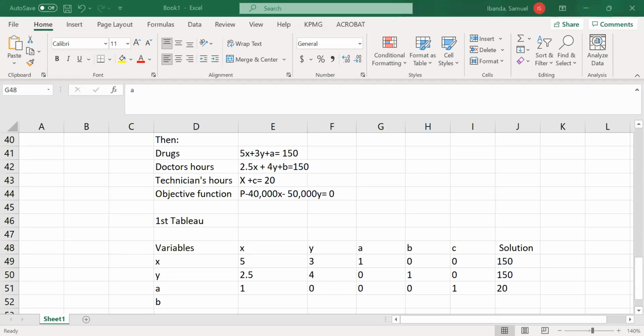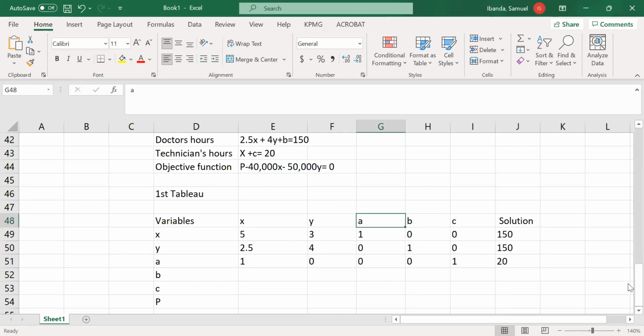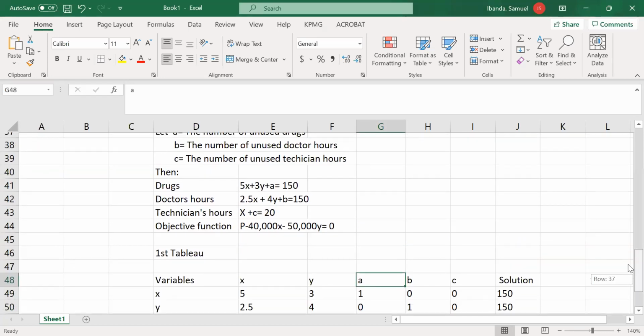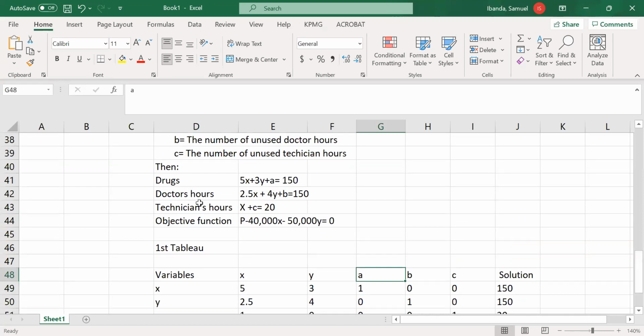So after we have done that, we'll do the last one that we are looking at. From what we have, we have this other last equation of P. This P is basically what you would call your so-called solution.